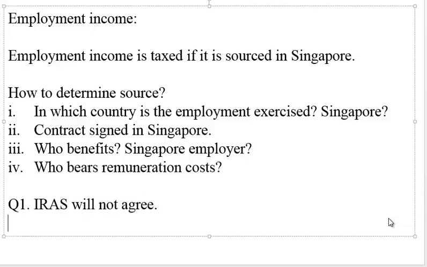Similarly, question number 2. Mr. Albert was assigned to assist in managing the subsidiary of his company in China. He will spend 1 year there and be paid by the subsidiary instead. Is the employment sourced in Singapore?